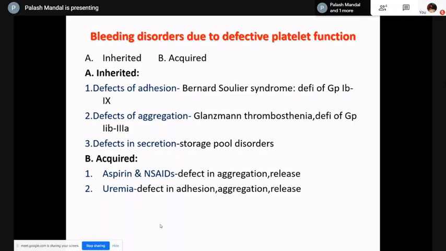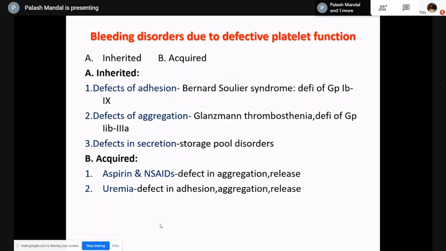And von Willebrand factor and platelets are joined together by some other factors. One of them is GP1B9, GP2B3A. So these are the factors which are responsible for the various functions of platelet. One is the adhesion function, one is the aggregation function. Okay, aggregation means coming together.